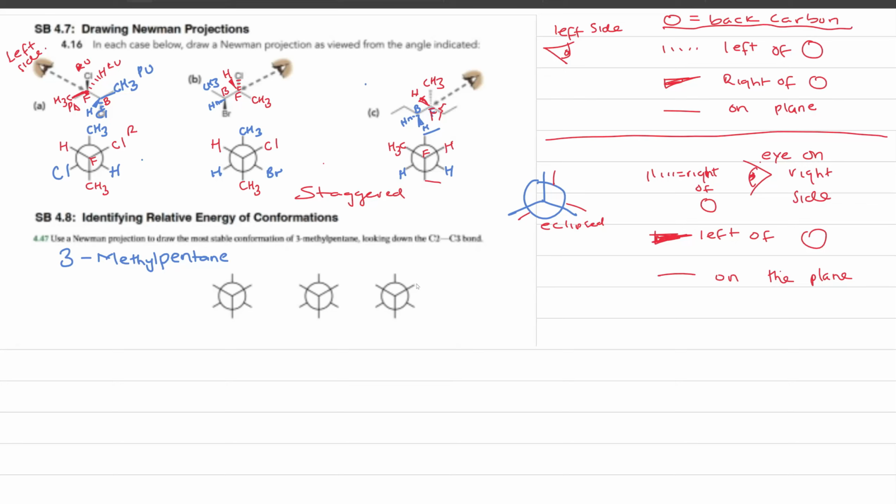3-methylpentane. So I have to draw that. You have to draw it, so you draw your own molecule and you have to draw your own eye. But it guides you. You have to look through C2, C3. So the methyl group is on the third.